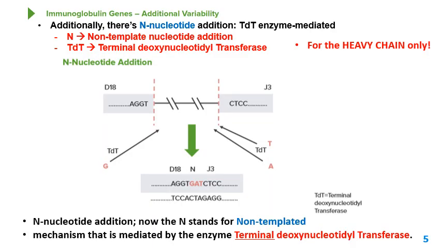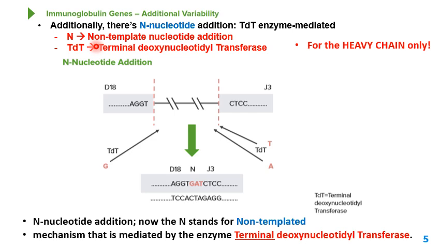So let's see what happens here. A little bit more on that N nucleotide addition, okay, because I didn't mention this much before. This is only happening for the heavy chain, okay? So N is for non-template. So this thing is just adding nucleotides out of thin air just because it can. Non-template, add the nucleotides, and you have an enzyme for that.